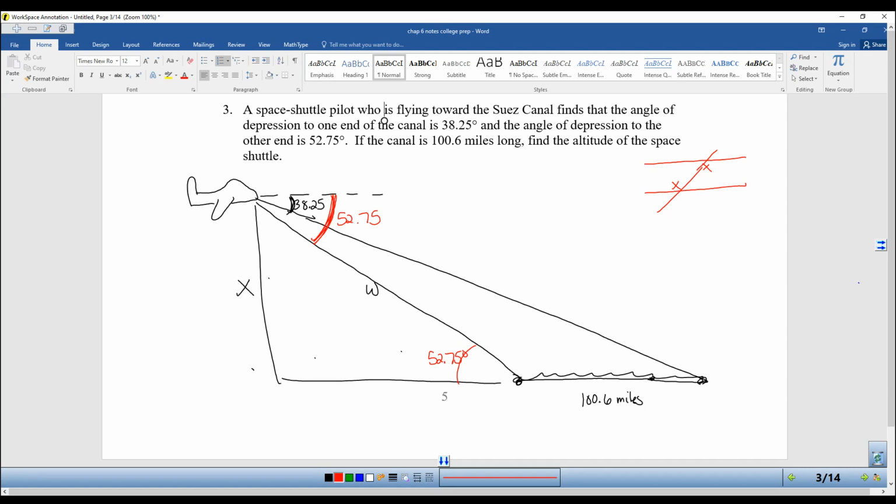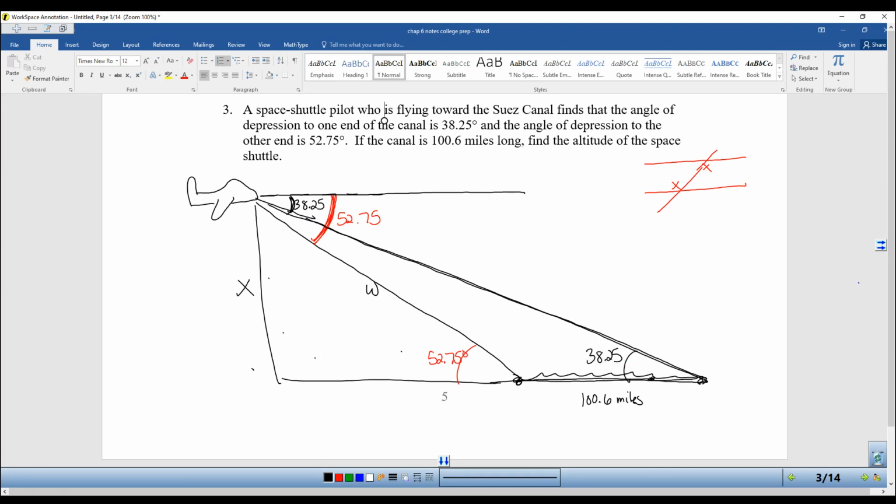So see if you can figure out on your own which other angle is 38.25. So here's his horizon, so to speak, and then here's the ground. So this is the thing that is considered the transversal. So this angle is 38.25.